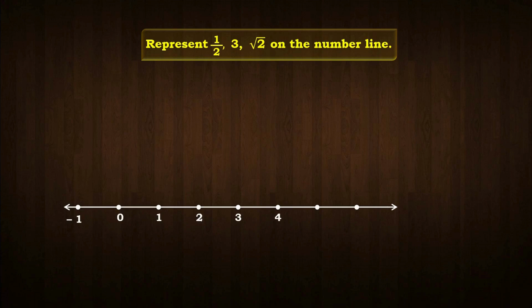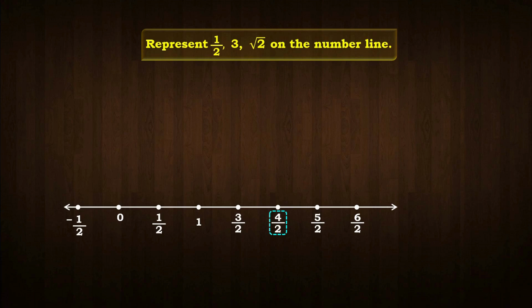So now we are marking this as 0, 1, 2, 3, 4. Now we'll divide all the numbers by 2. And we got 1 by 2. Now 2 by 2, we know that it is 1.